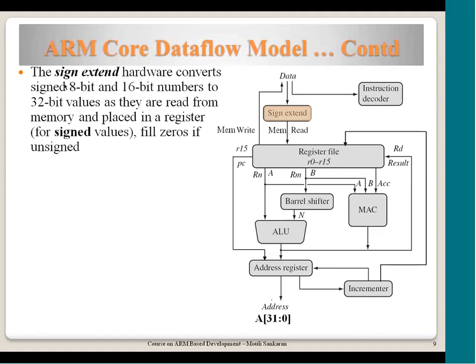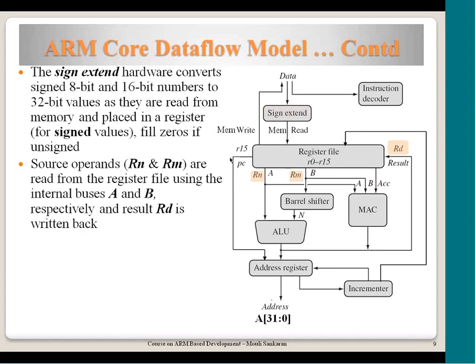Now, how do we know whether what is read from the data memory is a signed or unsigned value? It can be represented in the instruction, and the programmer knows what value he has stored, whether signed or unsigned. Based on that, when he is reading that content from the memory, the instruction can mention whether it is a signed or an unsigned value, and based on that the sign extension circuitry will come into play. Otherwise, it will directly write the value into this and then fill the higher bits with zeros.